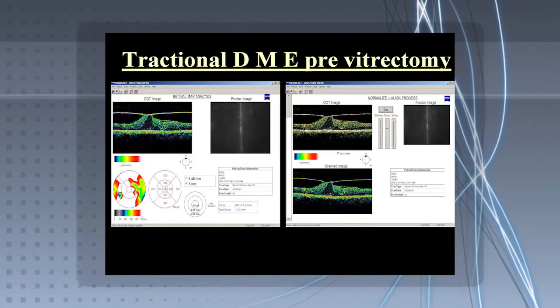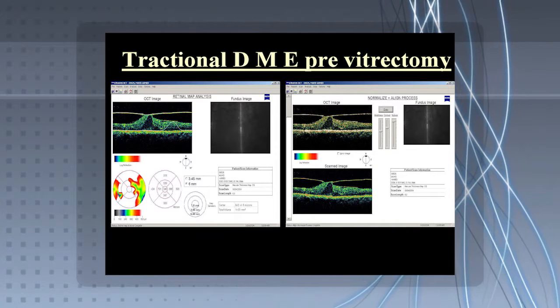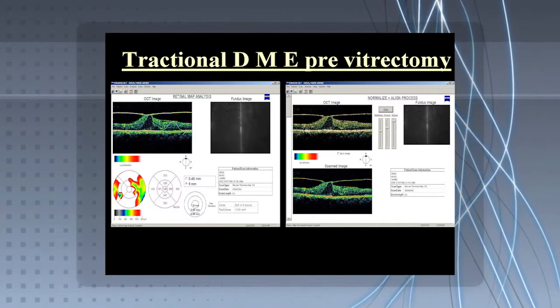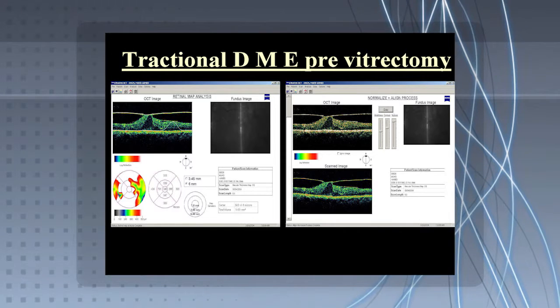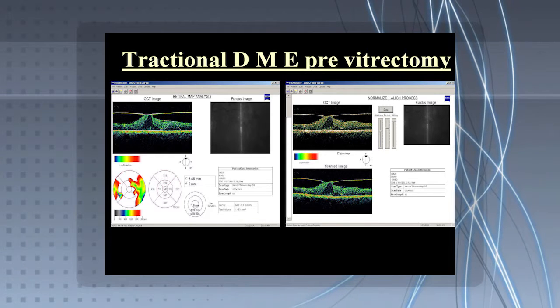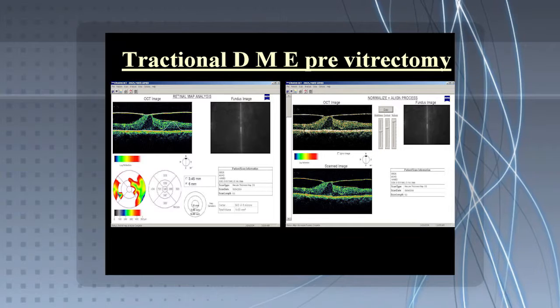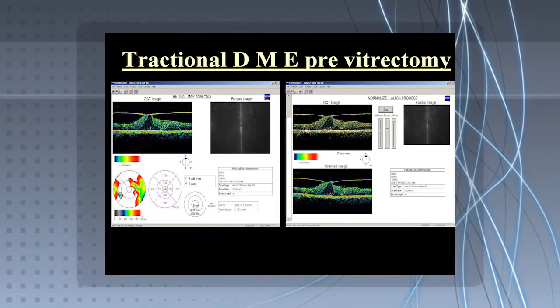Not only the diffuse diabetic macular edema is due just to microaneurysms, but it could be due to the presence of tractional membranes that make the cystoid macular edema in the macula. So this is a tractional diabetic macular edema pre-vitrectomy.